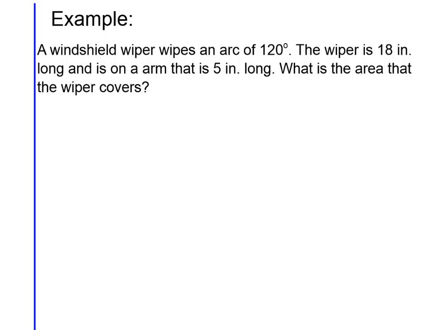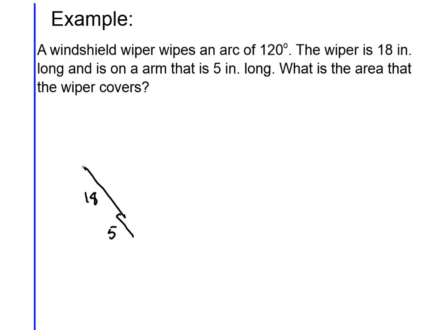Last example has us trying to figure out what kind of area we would wipe if we had a windshield wiper that wipes an arc of 120 degrees, and the wiper is 18 inches long and is on an arm that is 5 inches long. I'm not going to be the best drawer, but essentially we have this arm and it holds a wiper that is 18 inches long.